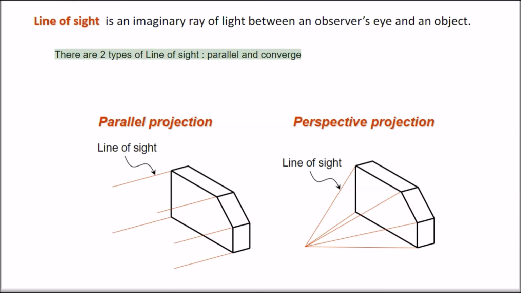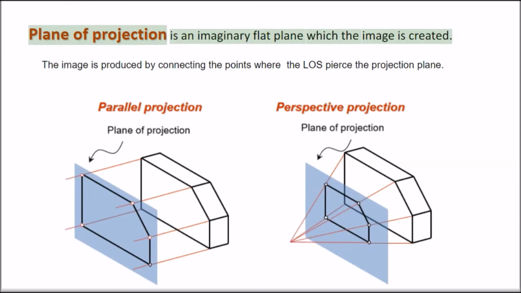There are two types of line of sight, parallel and converging. Plane of projection is an imaginary flat plane on which the image is created. The image is produced by connecting the points where the projectors pierce the projection plane.